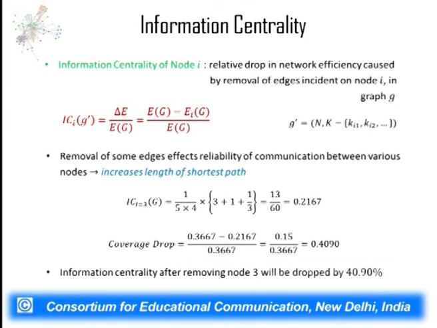Then it is divided by the whole graph centrality, and whatever measure we get gives the drop in coverage of information as it is traversed from a particular station to another. In our previous example, we can see that the coverage drop comes to 40%.